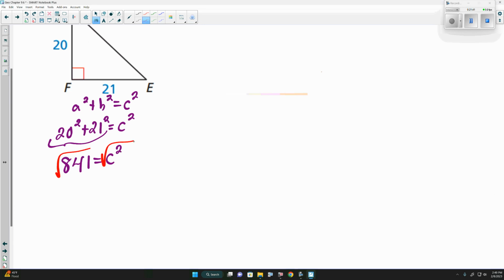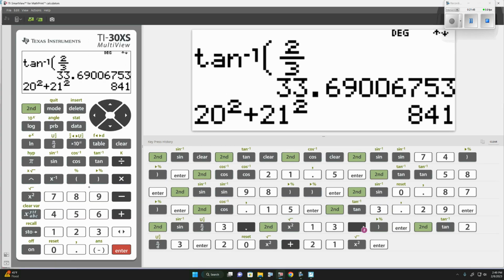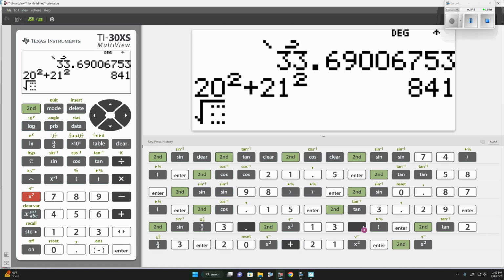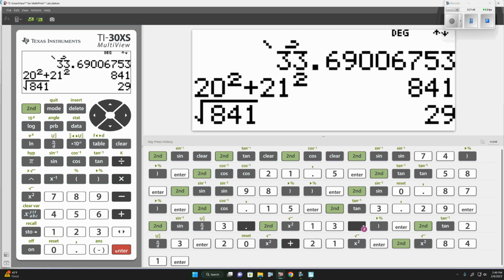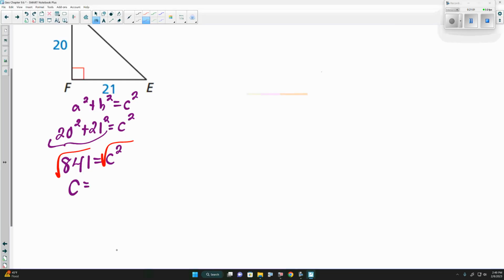We would square root both sides, and the hypotenuse is 29. So we found one of our three measures.